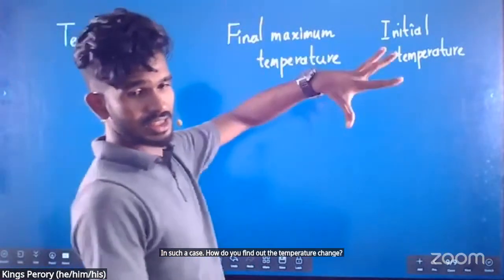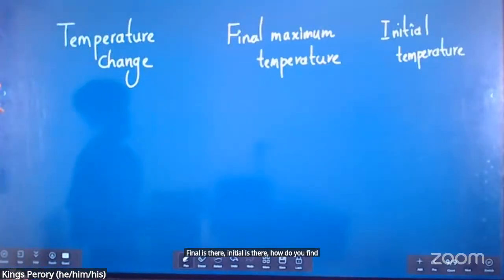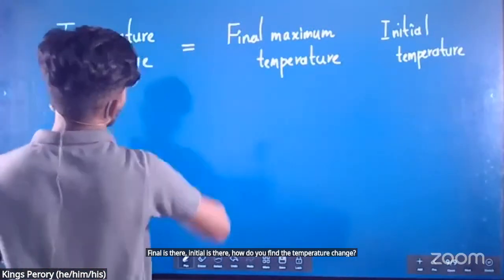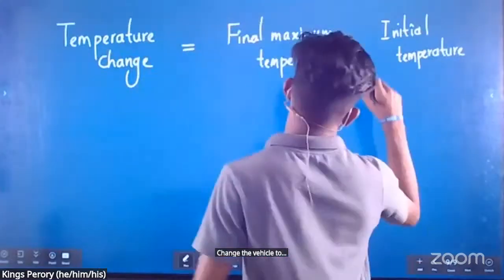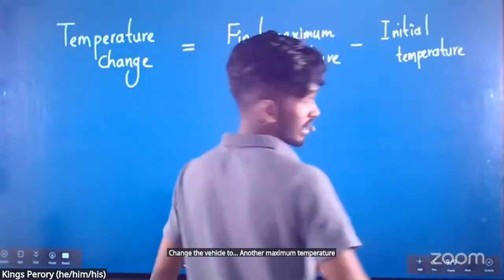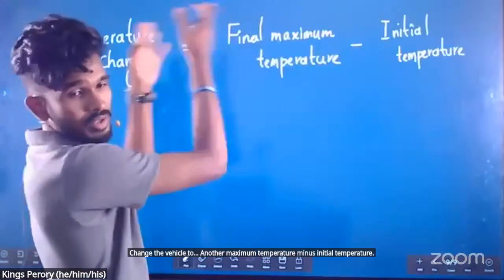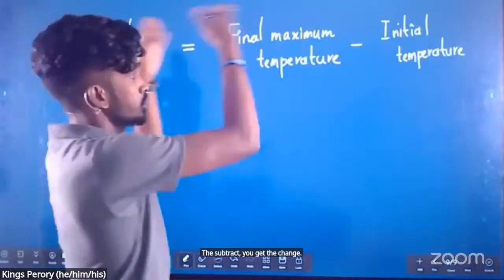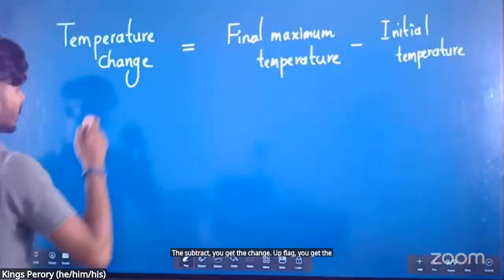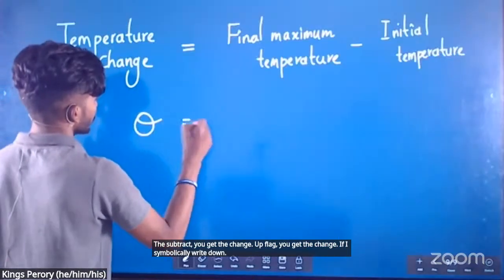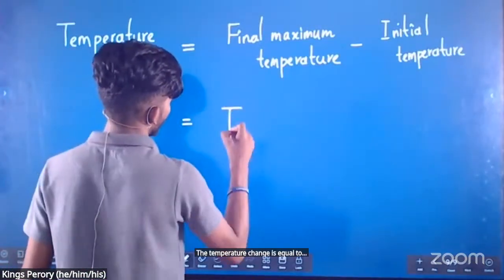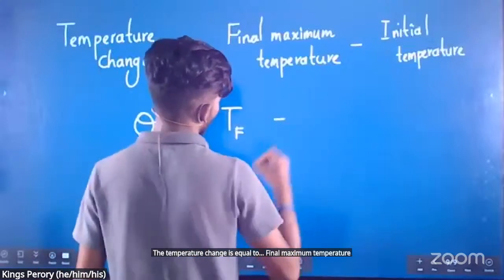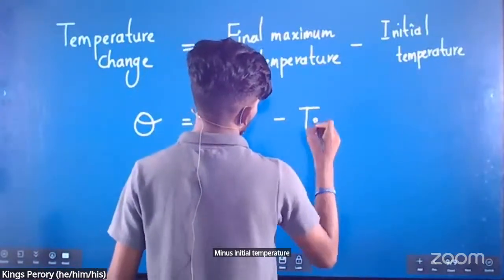Final is there, initial is there. How do you find the temperature change? Temperature change is equal to final maximum temperature minus initial temperature. You subtract, you get the change. Symbolically, theta equals TF minus TI.